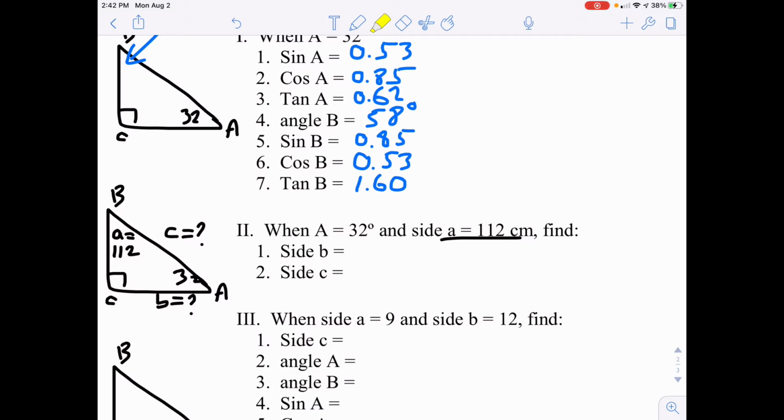Well, the problem is I cannot use a cosine function because cosine of A would be adjacent over hypotenuse, and you'll notice there's two unknowns there. That's not very helpful. Instead, I could use a tangent equation because tangent of angle A is opposite over adjacent.